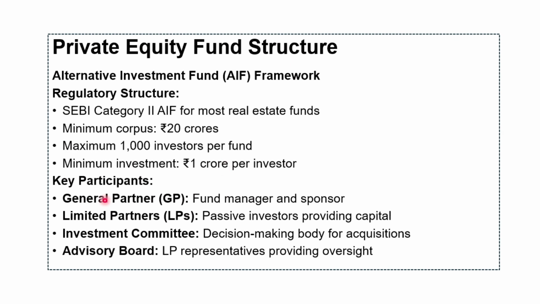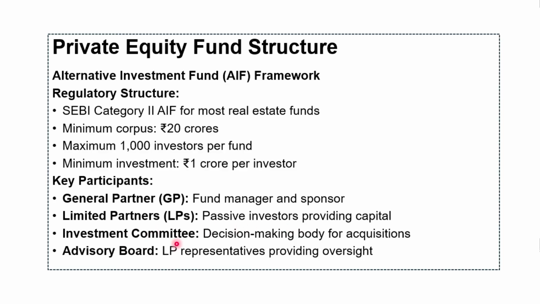The key participants create a check and balance system. The general partner is the fund manager and sponsor. They make day-to-day decisions and are responsible for performance. The limited partners are passive investors who provide capital but don't make operational decisions.